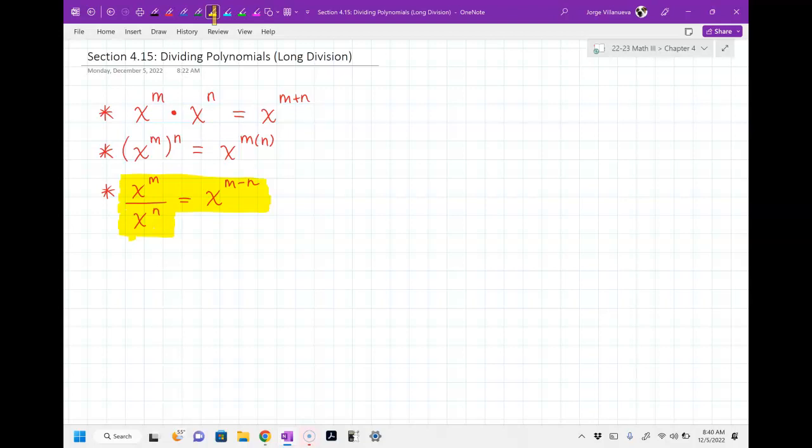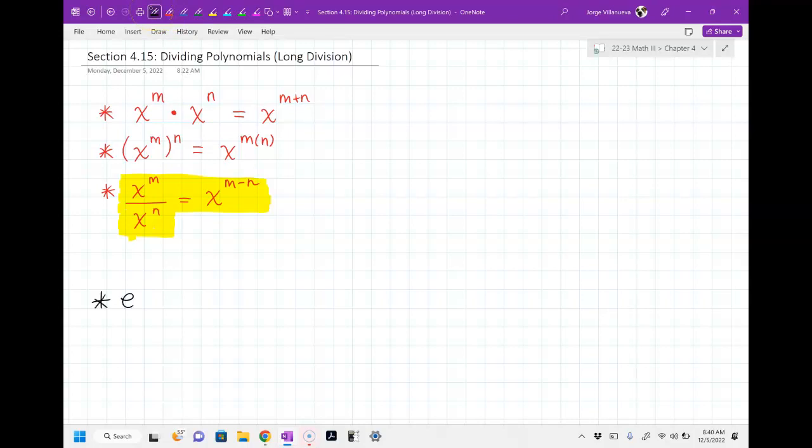The other ones we're not going to use, because we're not going to be multiplying anything, and we're not going to be taking things from powers to other powers. This is called dividing polynomials, so we want to know what happens when you divide. That's why I wrote that one. Remember, if you're dividing the same base, you're going to subtract the powers. So here we go.